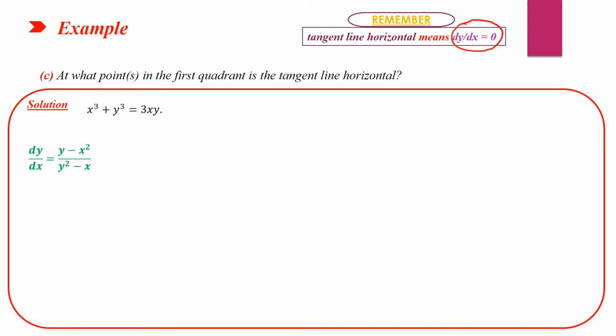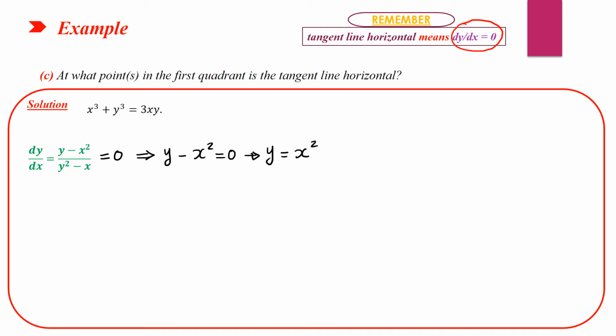So from part A, we found dy by dx, and you have to put it equal to 0. If we have a rational function equal to 0, the numerator equals 0, and you'll get y minus x squared equals 0. By adding x squared to both sides, you will get y equals x squared.